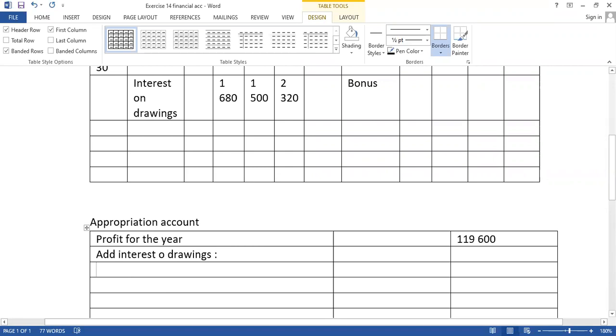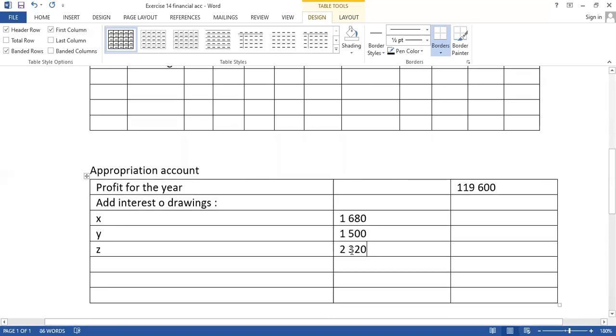Please do not add them together and write only one amount. You need to record them separately: X, Y, and Z. The interest on drawings of X is how much? We are told that it is 1,680, and then of Y, 1,500, and then of Z, 2,320. Do you understand till there?